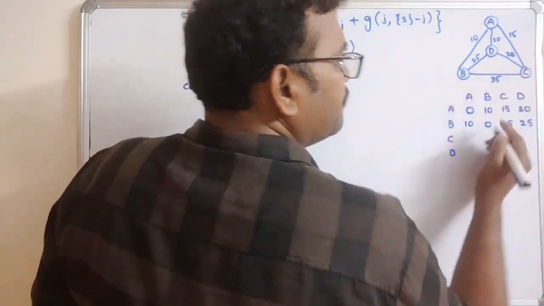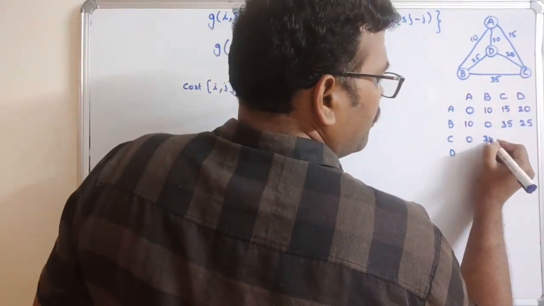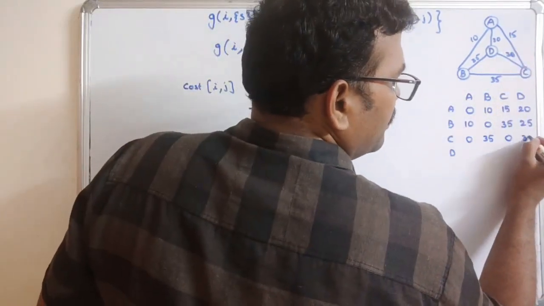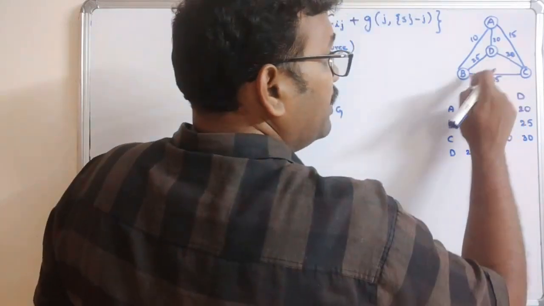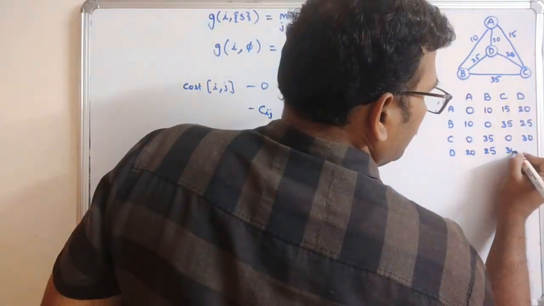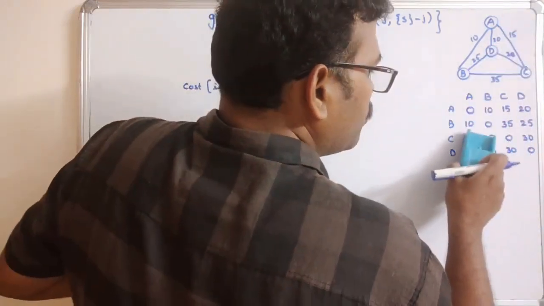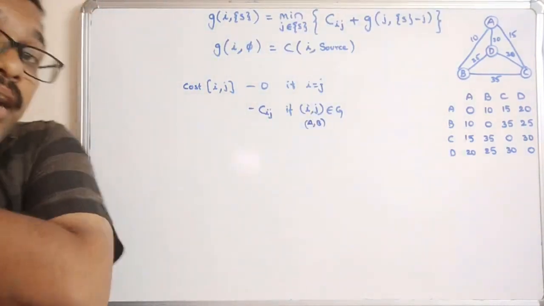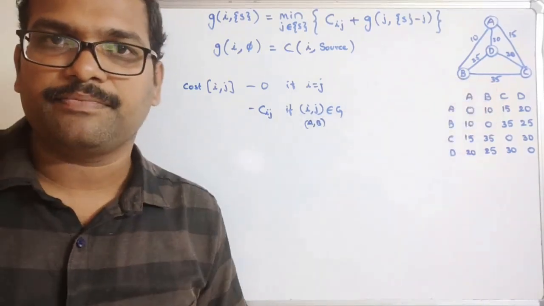Similarly, C to B it's 35, C to C 0, C to D it's 30. Similarly, D to A it's 20, D to B is 25, D to C it's 30 and D to D it is 0. Okay, sorry, C to A is 15, it's not 0. Right. So this is an adjacency matrix. Okay, so this represents the cost from one vertex to another. It's clear.